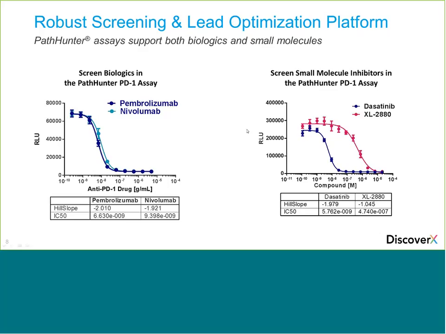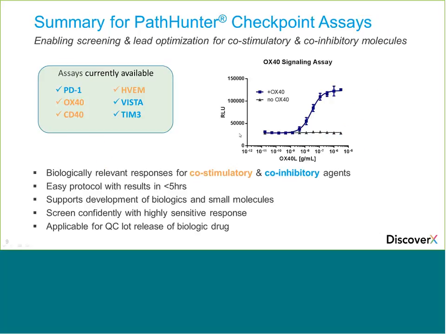So in summary, what I'd like to indicate in here is that we've developed, using our PathHunter checkpoint assays, a technology platform that enables screening and lead optimization for both co-stimulatory receptors such as OX40, CD40, and HVEM, as well as co-inhibitory agents such as PD-1, VISTA, and TIM3 using our assays.